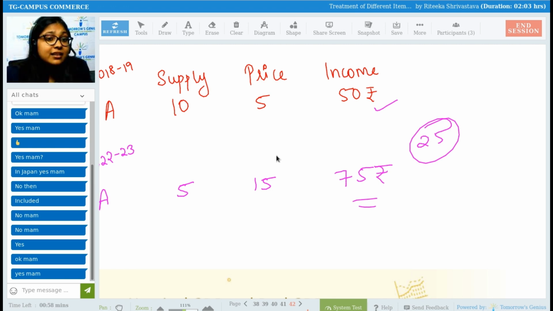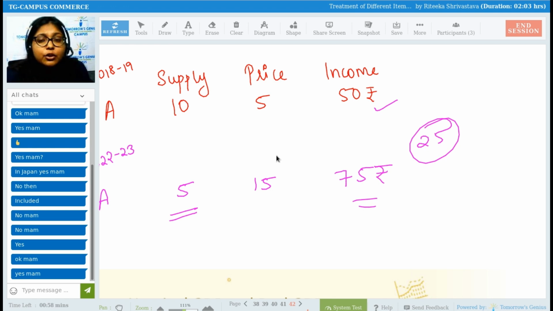But see the total units produced in the economy. In 18-19, we produced 10 units and the price was just 5 rupees. But in 22-23, we produced only 5 units and price rose to 15 rupees. And that is the reason your GDP has increased. Understood? This is what happens.